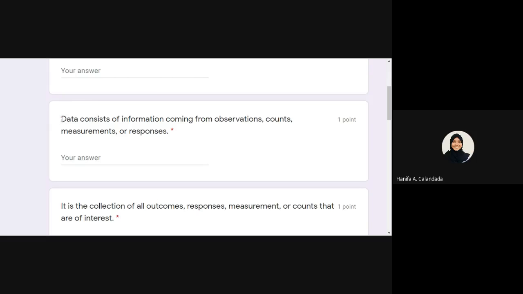Naapil og encode ang word nga data. By the way, the answer for this, if we're going to erase that one: it consists of information coming from observations, counts, measurements, or responses. So the answer for that is data.